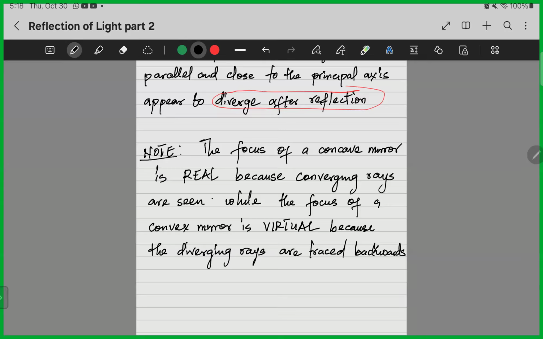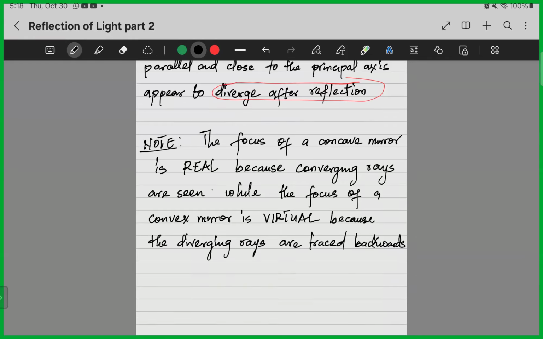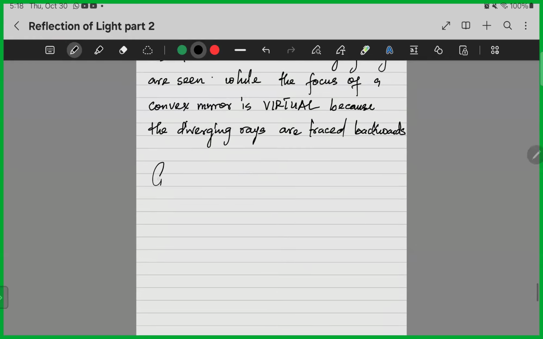So generally in curved mirrors, the radius, we say R equal to 2F, or you can say F equal to R over 2.